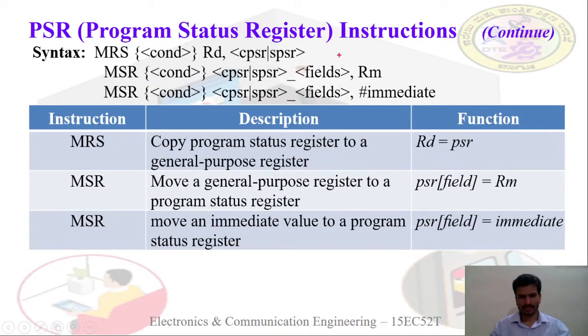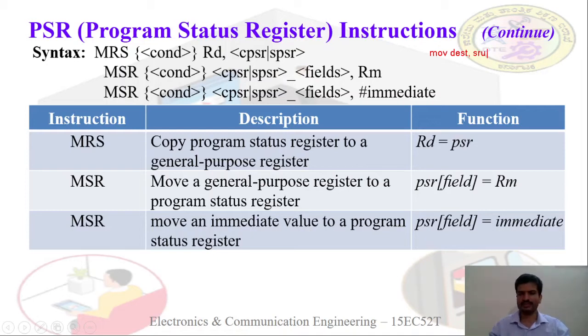How to remember MRS and MSR? In one instruction, data transfers from CPSR to a general purpose register. In another instruction, from a general purpose register to the status register. Normally the move instruction is: move destination comma source.